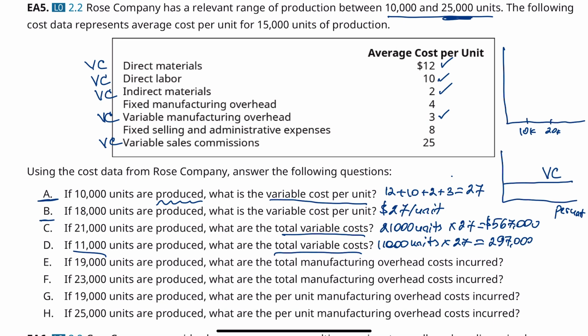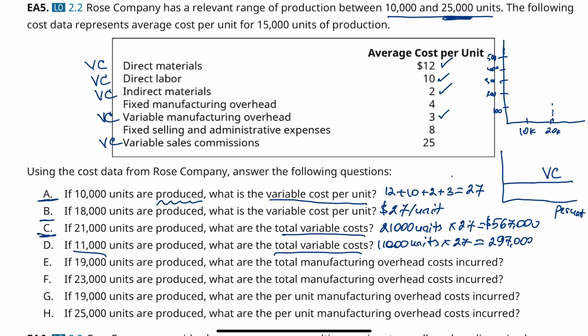If I'm producing 21,000, so let's look at the C right here, it's somewhere around here. It says we're going to spend 567. So let's assume that this is 100,000, this is 200,000, this is 300,000, this is 400,000, and this is 500,000. So it's something like this.